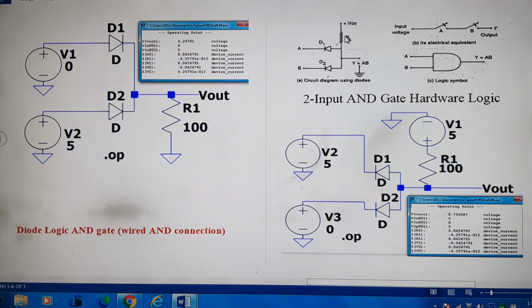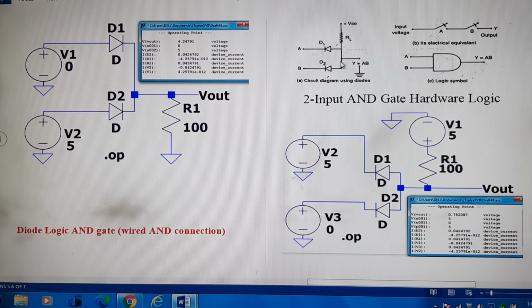Now here in this case, when both the inputs A and B are at voltage levels equal to VCC, which is applied here, it is interpreted as logic 1. When both the inputs are at logic high level, then these two diodes are reverse biased and there is no current flowing to the ground.